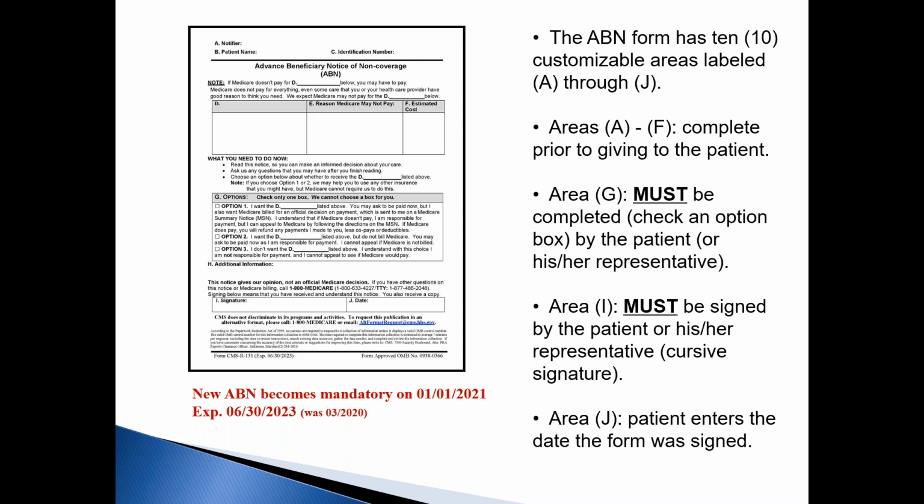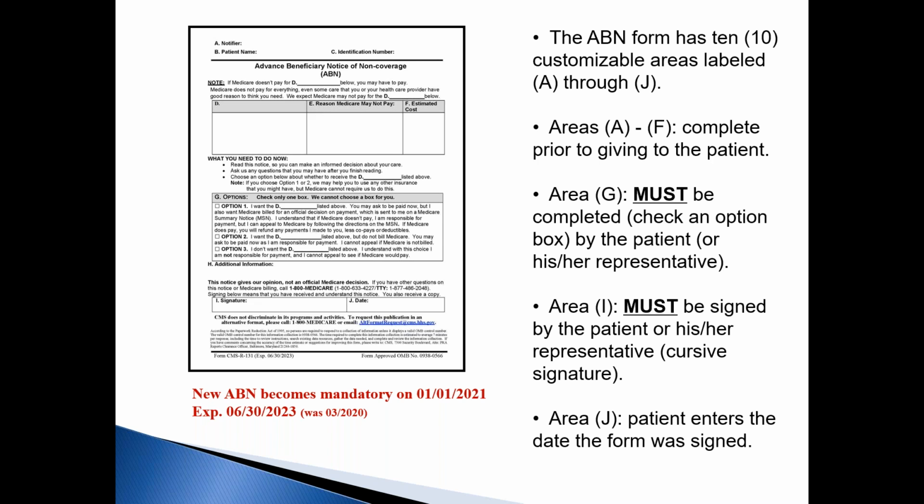However, we're training our clients, just start using the new one right now. So again, if you have been using the Medicare ABN form properly, you're now going to use the new ABN form. The only thing that changes is the expiration date in the bottom left corner, if you're using it properly. Many doctors are not using it properly.